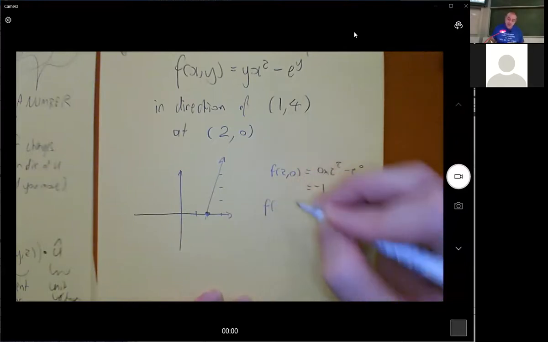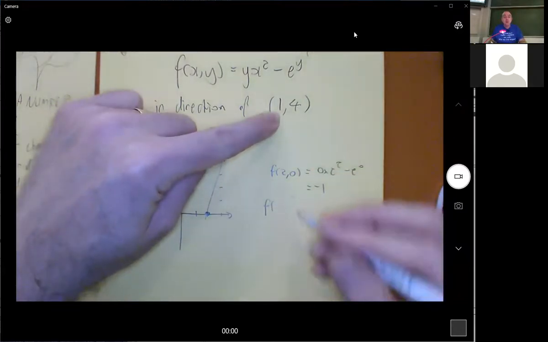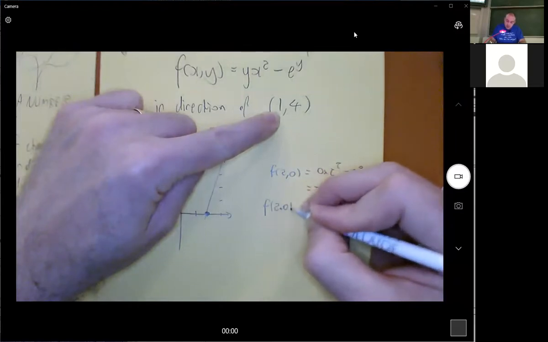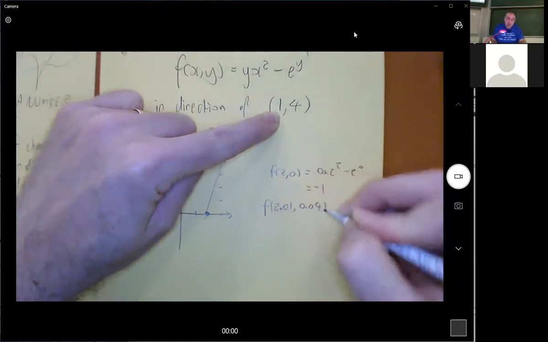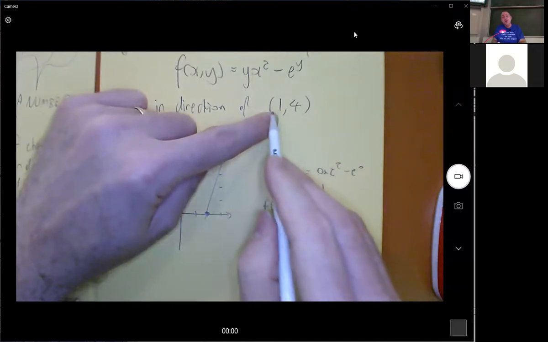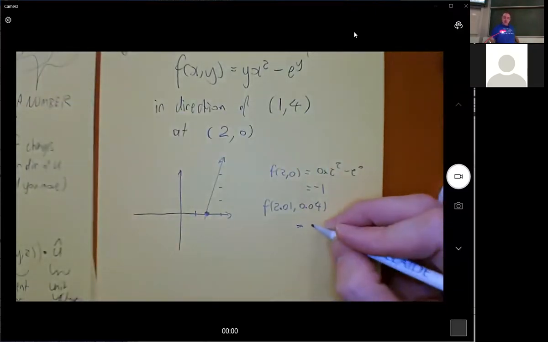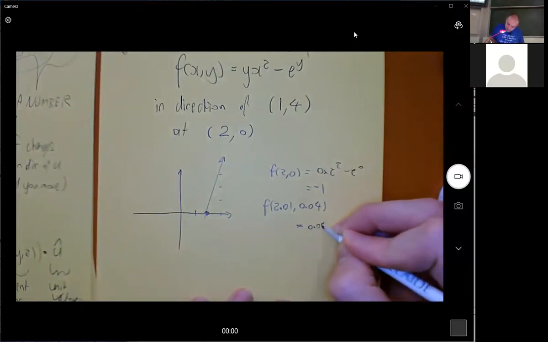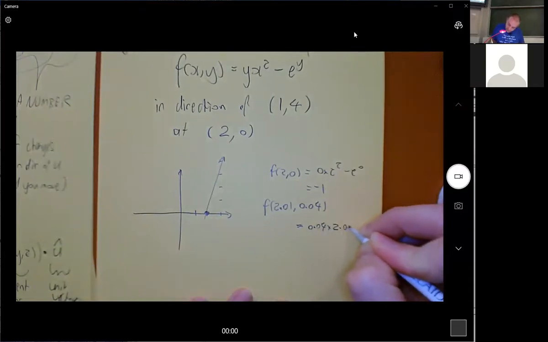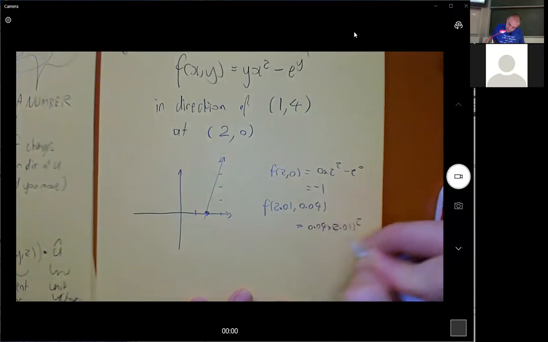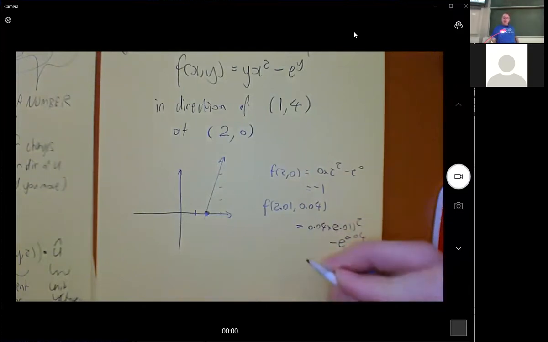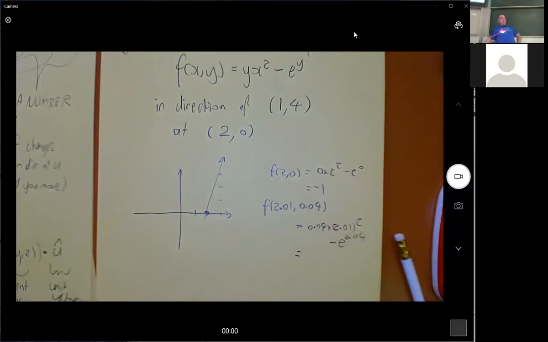And if I go a teensy tiny bit in this direction, and I go 2.01, 0.04, my calculator says that 0.04 times 2.01 squared minus e to the power of 0.04 is this.